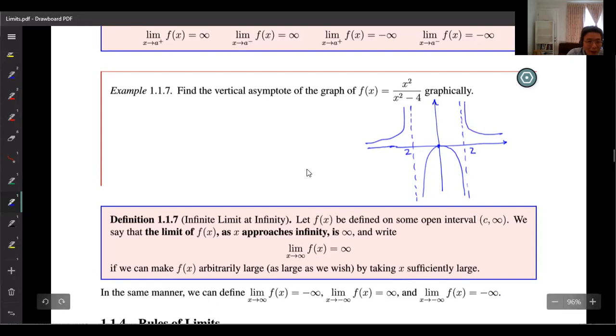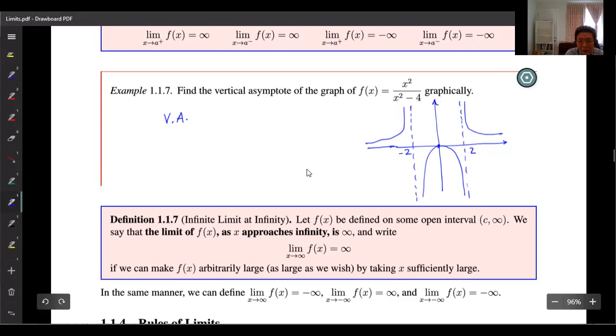So what's the asymptote? Here we talk about vertical asymptotes. We can see two vertical lines. As x approaches 2, the function approaches positive infinity or negative infinity, depending on which direction, approaching 2 or negative 2.